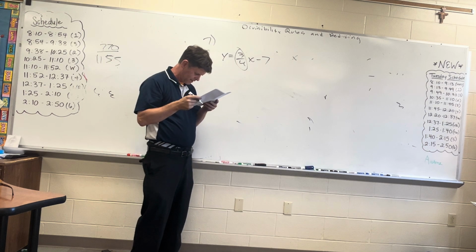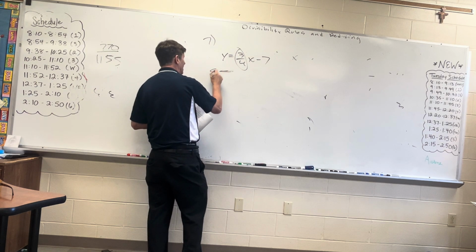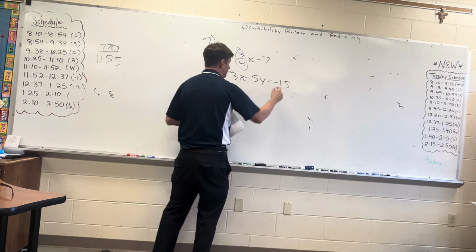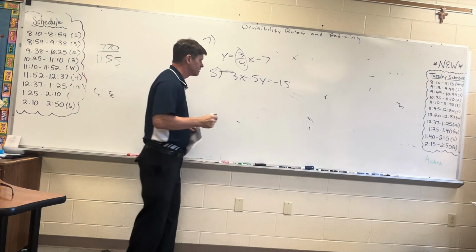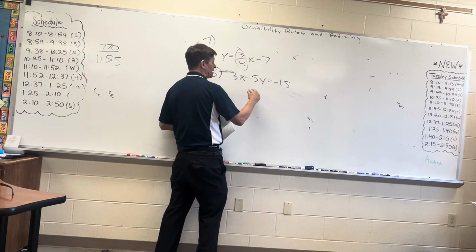For question 8, 3x minus 5y equals negative 15. Okay, I'm going to do it the longer way. It says, what's the y-intercept? Well, we know mx plus b, b is the y-intercept.